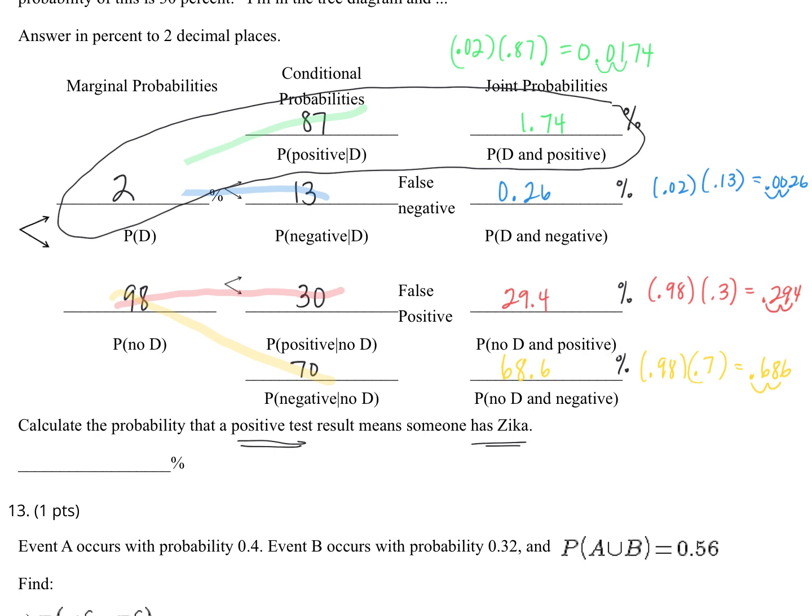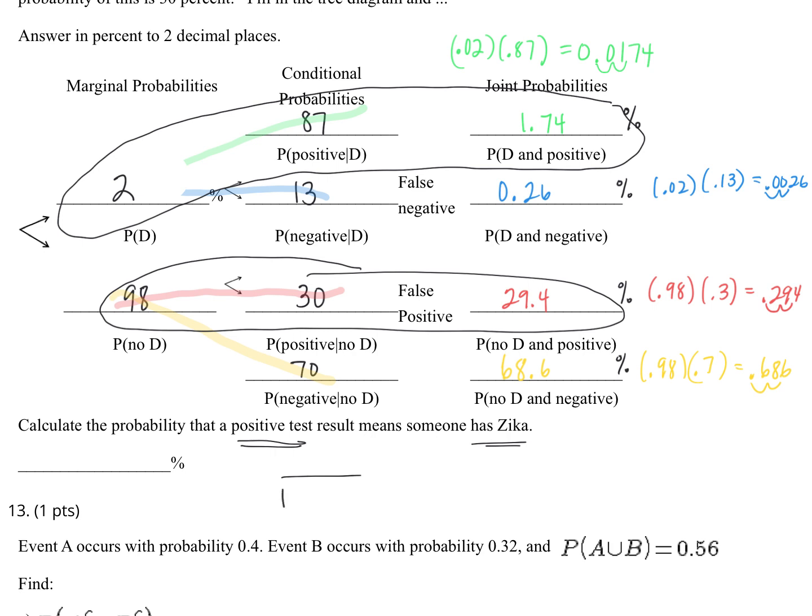So there's 2 possibilities that they have a positive test result. It could be positive and they have the disease, or it could be positive and they don't have the disease. So both of those are ways that it could be positive. So the denominator is going to be a positive test result, either path. Your numerator is going to be that you have a positive result and you have Zika.